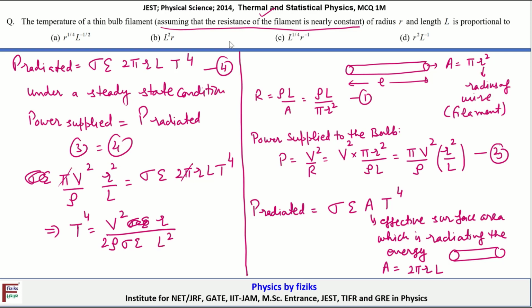So from this equation we notice that the temperature is proportional to R power 1 by 4 and L power minus 1 by 2. Therefore option A is the correct one here.